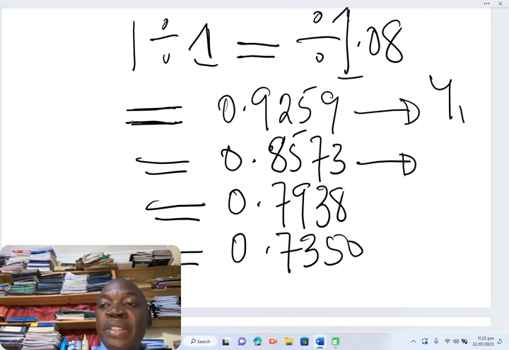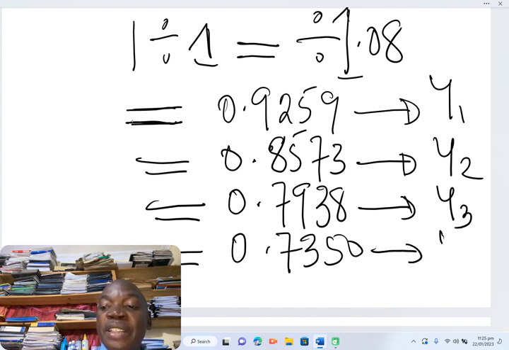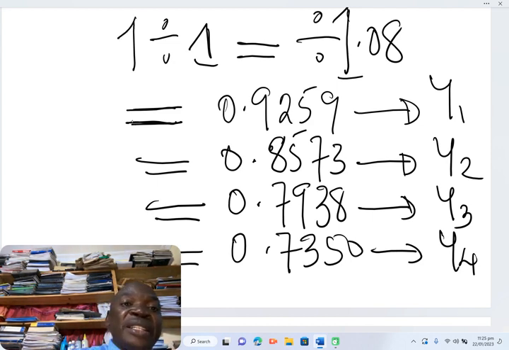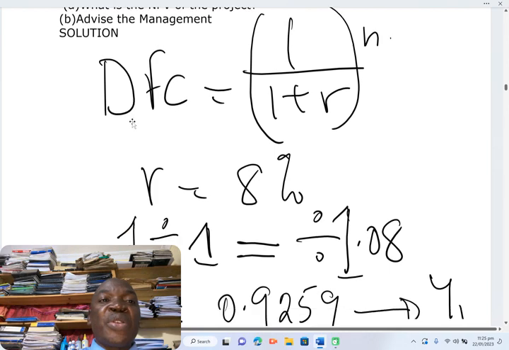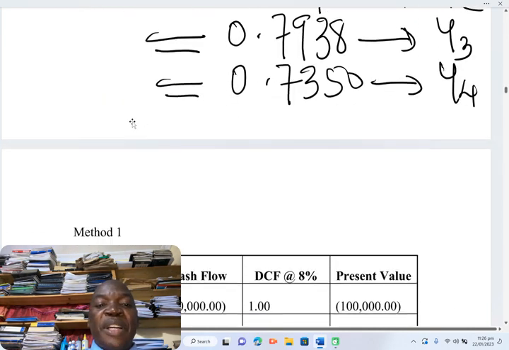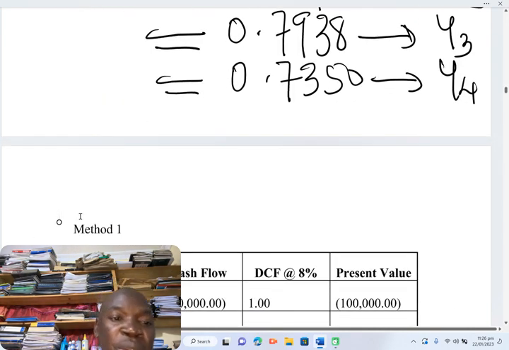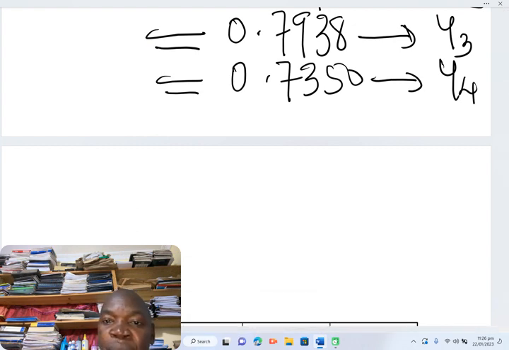So this is the discounting factor in year 1, this is the discounting factor in year 2, this is in year 3, and this is in year 4. But fortunately, we have only 3 years. This is how we get the discounting factor using a calculator. From here, I will now go through how to handle this project.